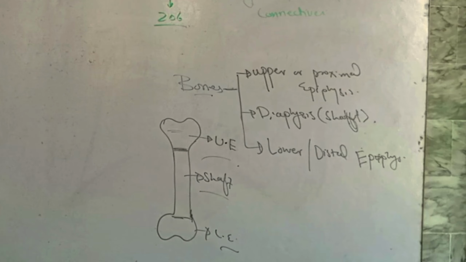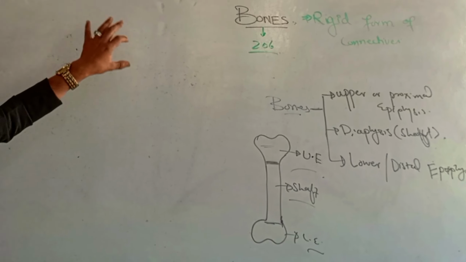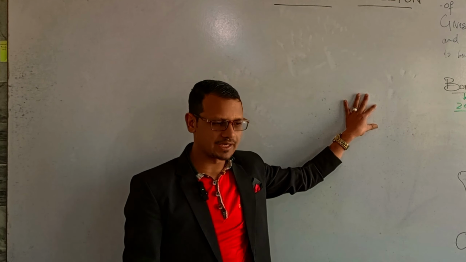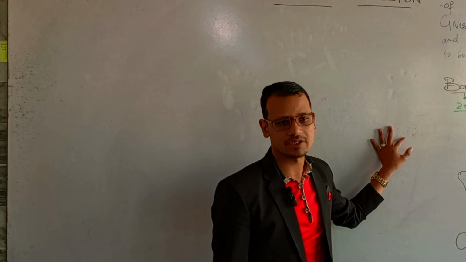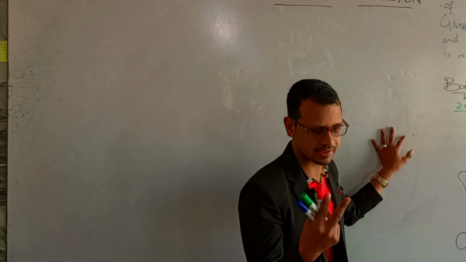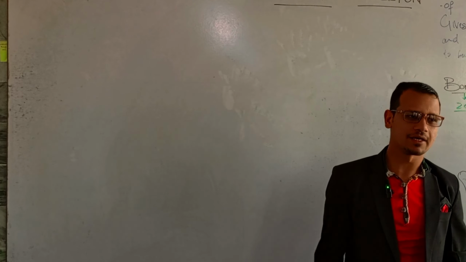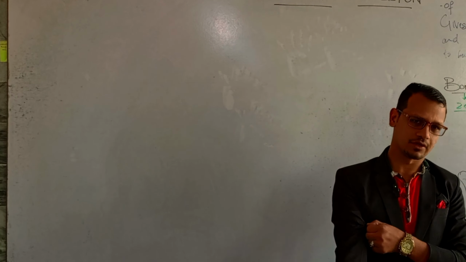Now we will classify the bones on different bases. First of all, we are classifying the bones on the basis of shape. We have 2 types of bones on the basis of shape: regular bones and irregular bones.